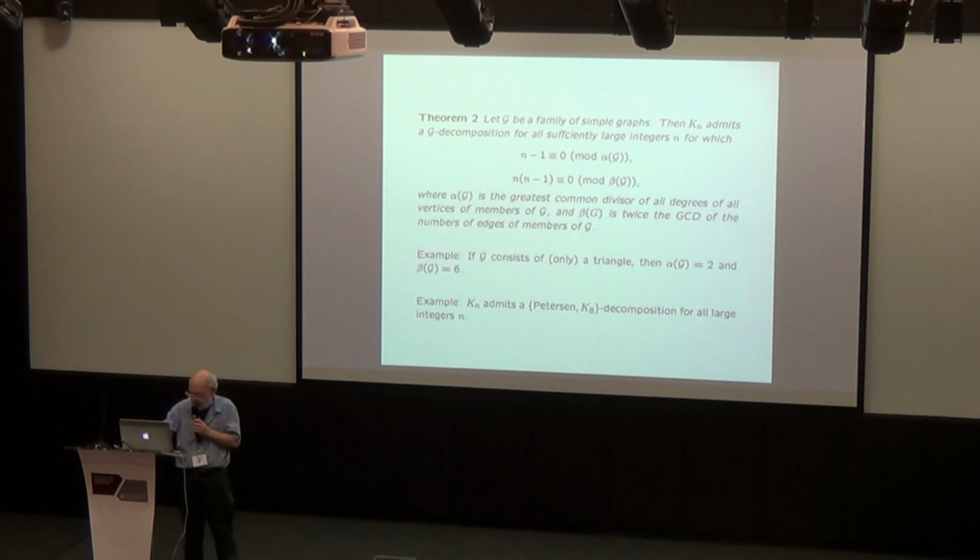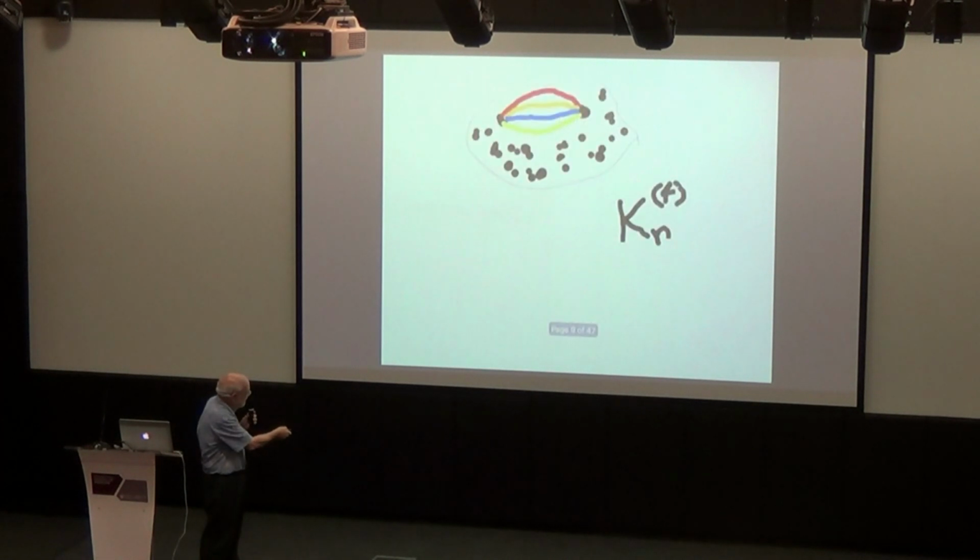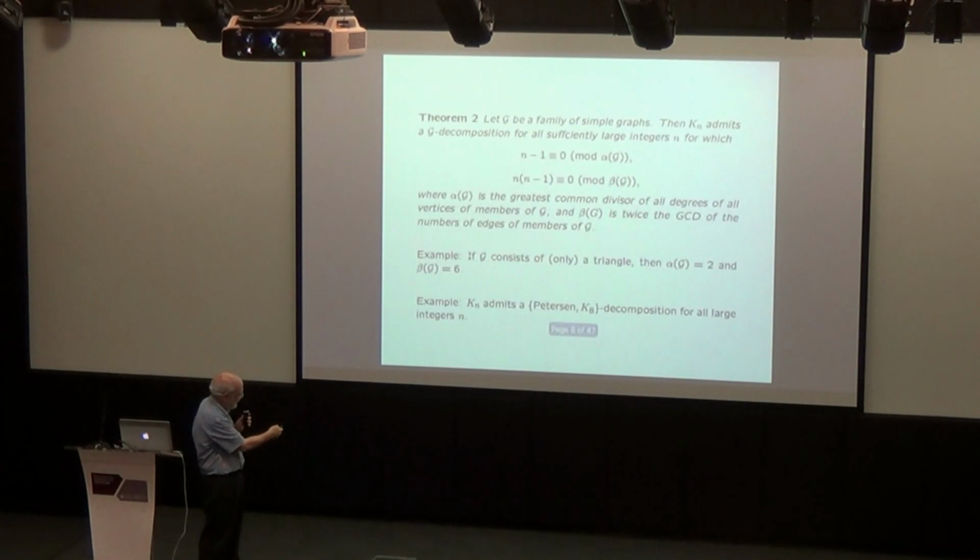So look at this example. What if you have the Petersen graph and K8? So these are allowed in the decomposition, just simple graphs, and I'm decomposing the complete simple graph. What is alpha? It's the greatest common divisor of the degrees. Well, the Petersen graph, you may use degrees from either or all of the graphs. Both of these are regular, but in general, they don't have to be.